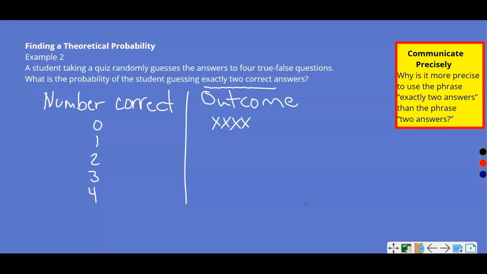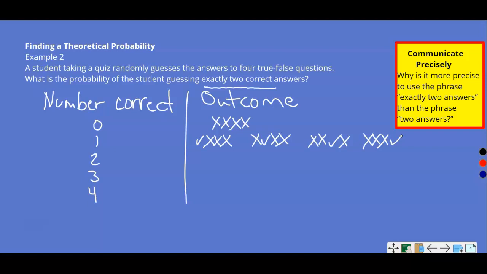We could have correct for the first question, and then the next 3 are wrong. We could have the second question correct and the others wrong. Or the third question correct and the others wrong. Or the first 3 incorrect and the last one correct. Those would be the options for 1 correct answer.